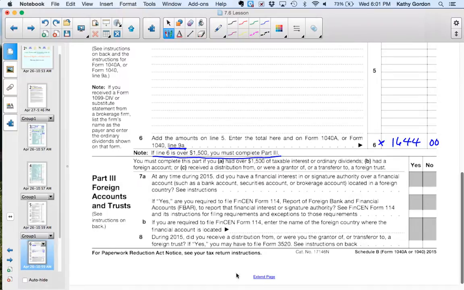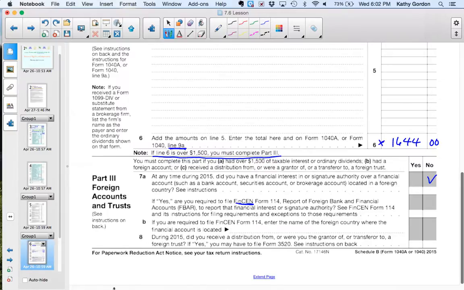Now, for them, there's no information, so we're going to say no. If it was actually me personally, being a teacher who lives and works in China and has a banking account in China, then I would have to personally check yes. But for the O'Sullivans, we're going to say no. Then it tells you what to do if you checked yes. We can ignore that. Part B, if you are required to file the FinCEN that they were talking about up here, well, we're not, so we can ignore that.